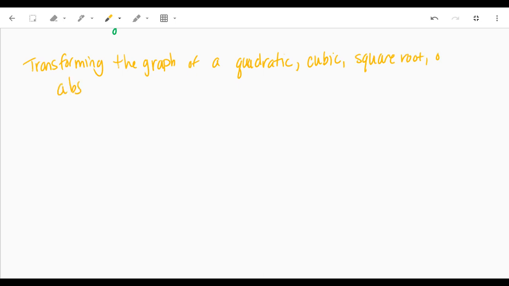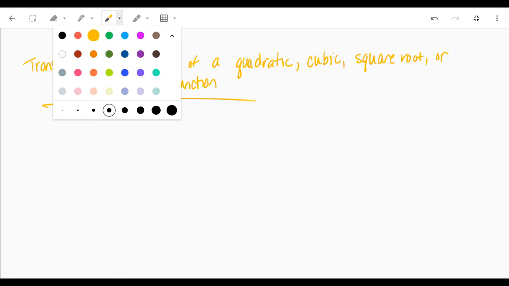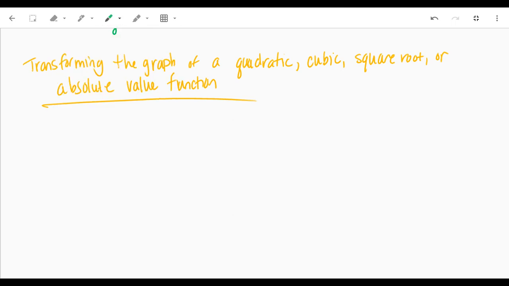I feel like you did this in the last module. Seems familiar to me, but that's okay. You will do it again, just in case you need it. Okay. So just remember, again, your parent functions. This is like Algebra 2 deja vu, isn't it?